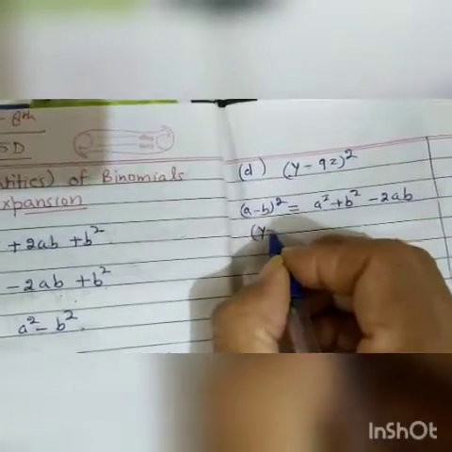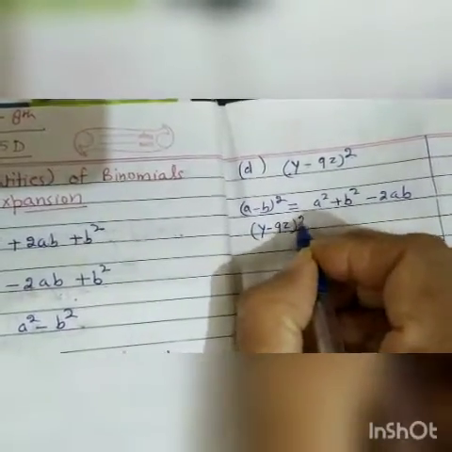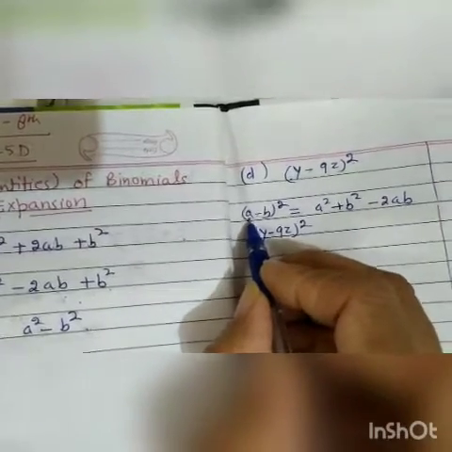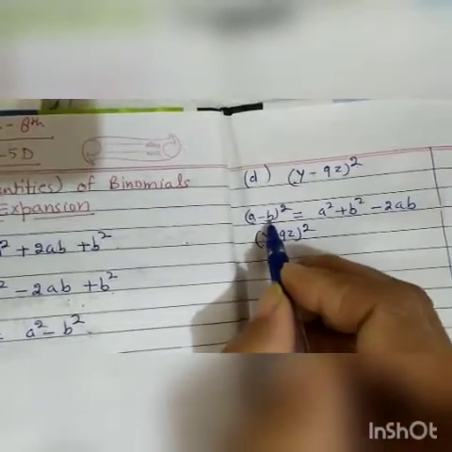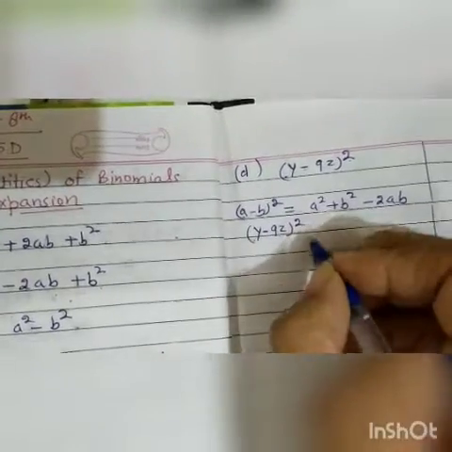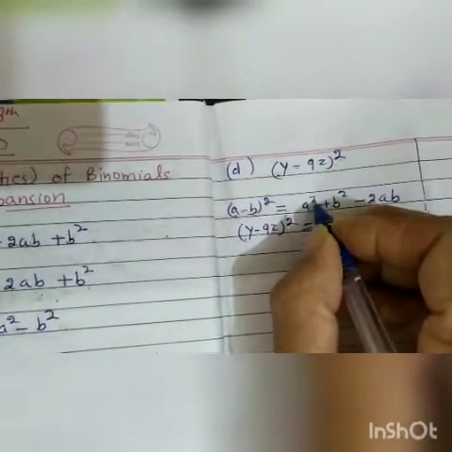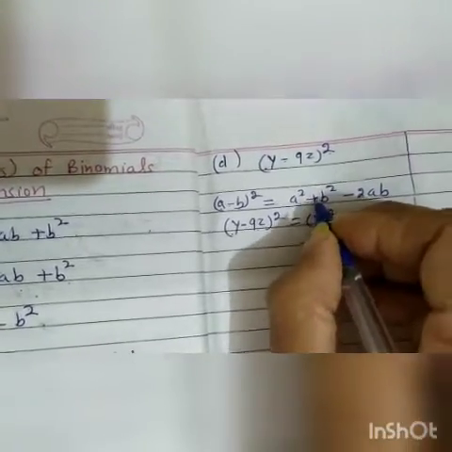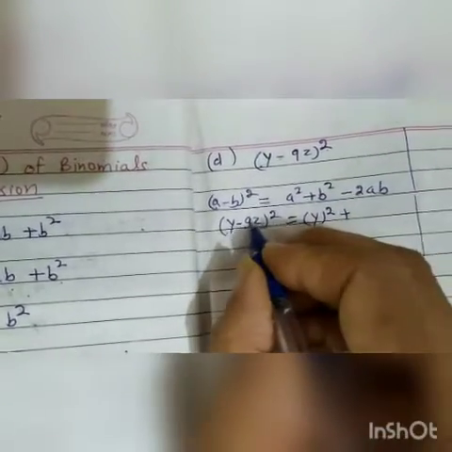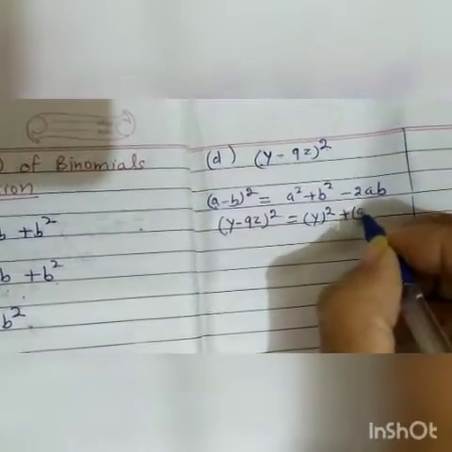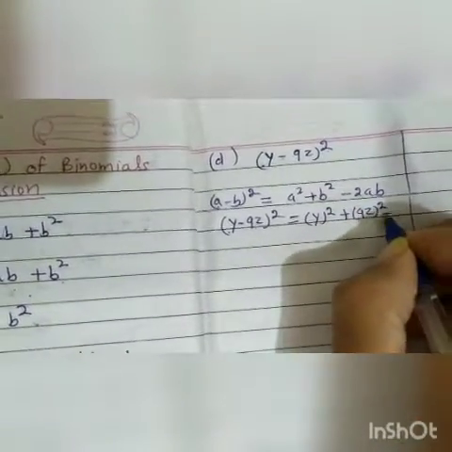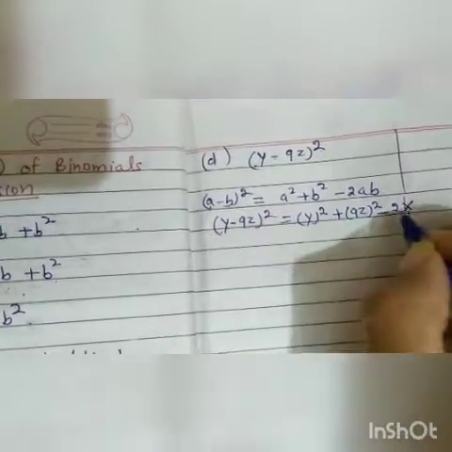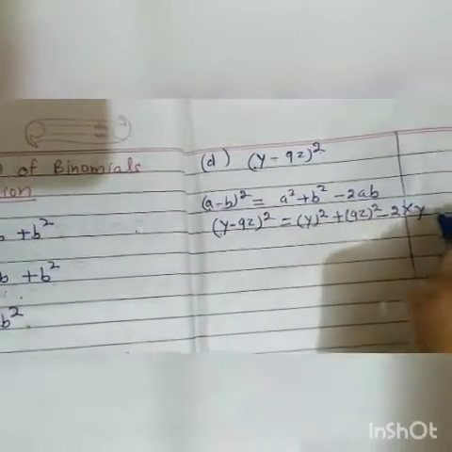It will be (y minus 9z) whole square. This time in place of A it is y and in place of B it is 9z. So A square, in place of A we will write y. It will be y whole square plus B square means (9z) whole square, minus 2AB means 2 multiply A means y and B means 9z.